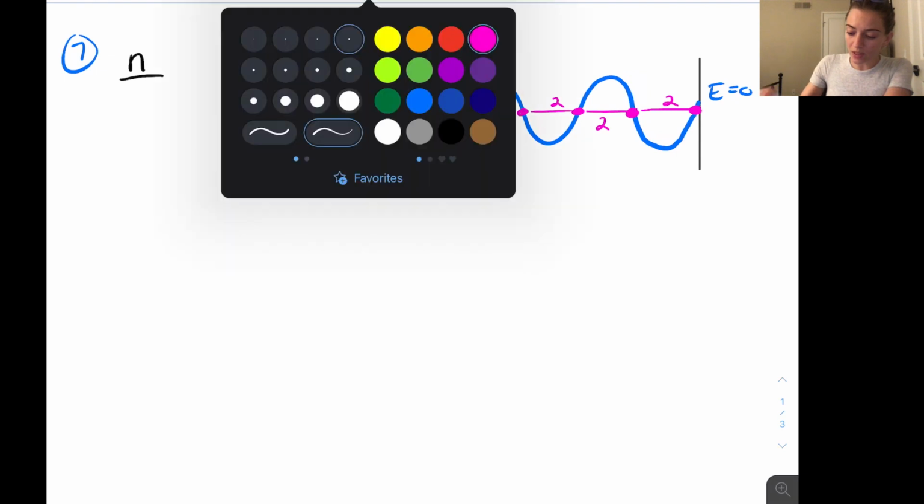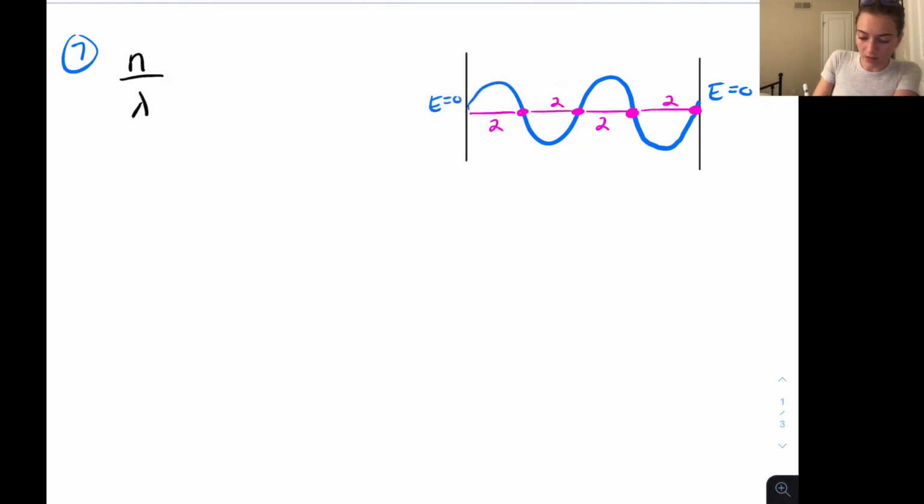So what that tells us is that lambda over 2 is equal to 2 centimeters for this nth frequency, whatever that number n is. It's maybe the first frequency, second frequency. Here I drew the 1, 2, 3, fourth frequency, so I drew n equal to 4 here. So whatever this is, half the wavelength is equal to 2 centimeters.